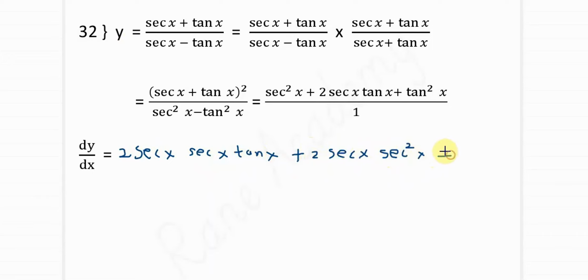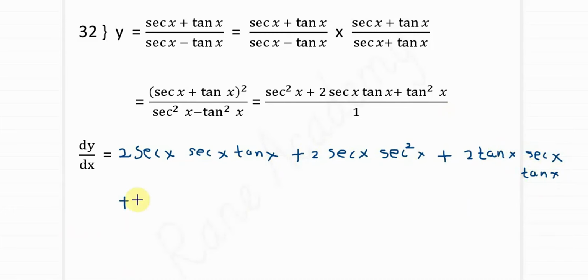Then plus we write 2 tan x, and now we differentiate sec x, whose derivative is sec x tan x. Now 2 is a constant, so it will be common for both. Then plus we have to differentiate the third term.